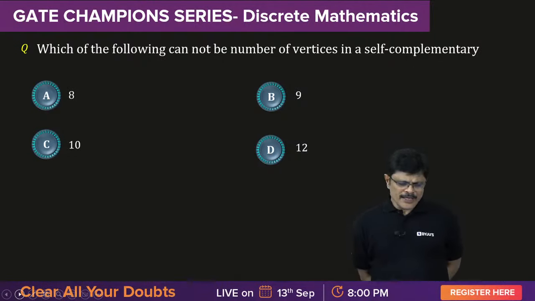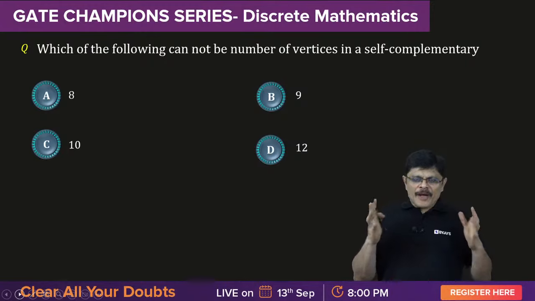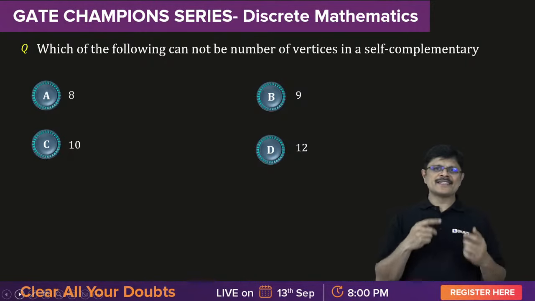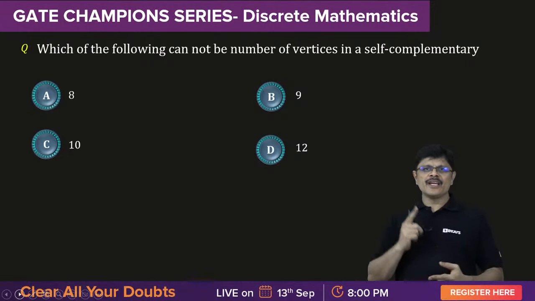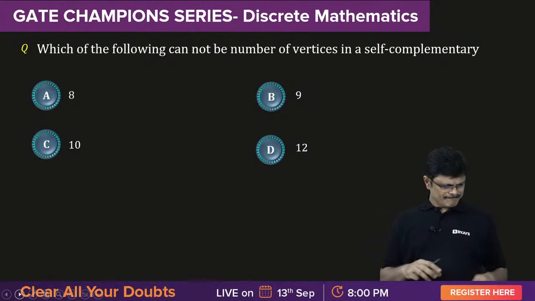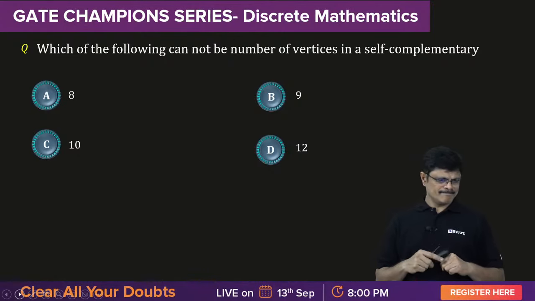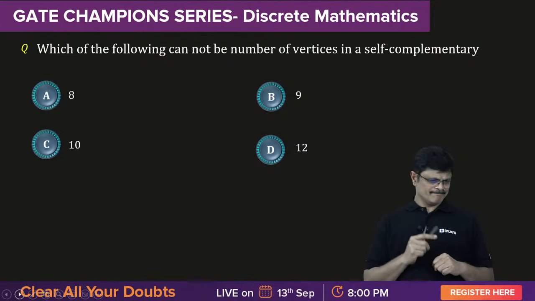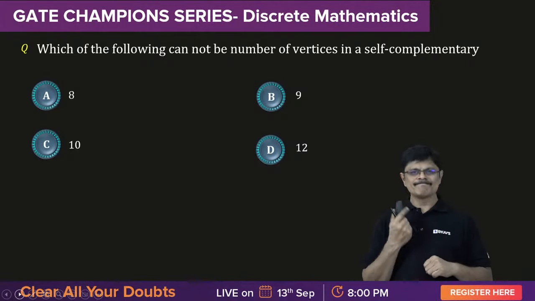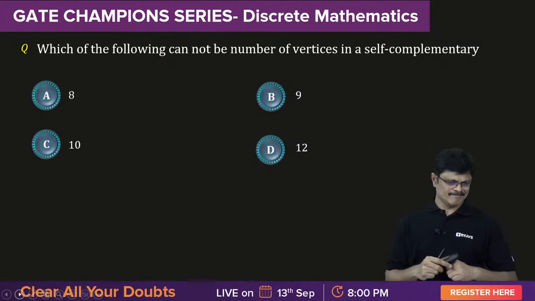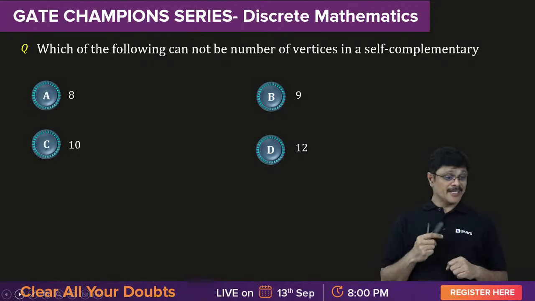Which of the following cannot be the number of vertices in a self-complementary graph?